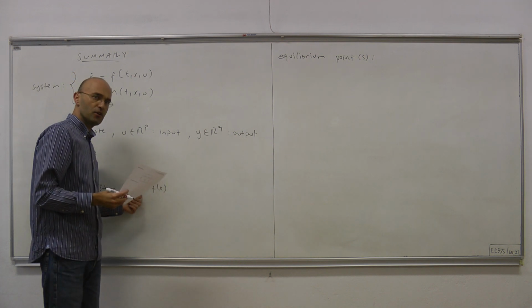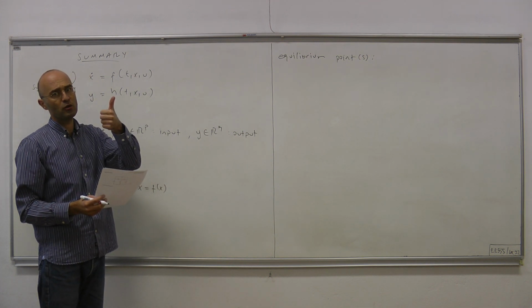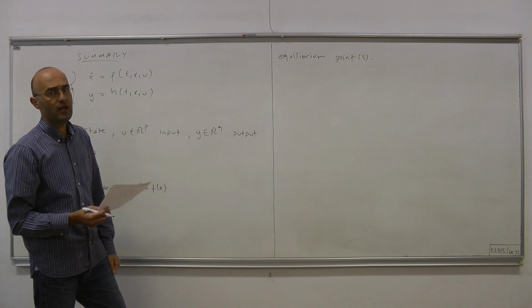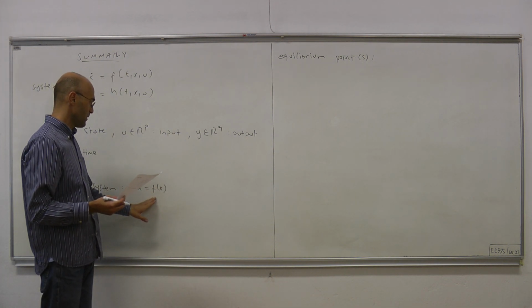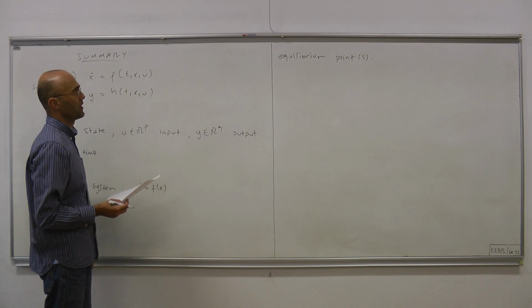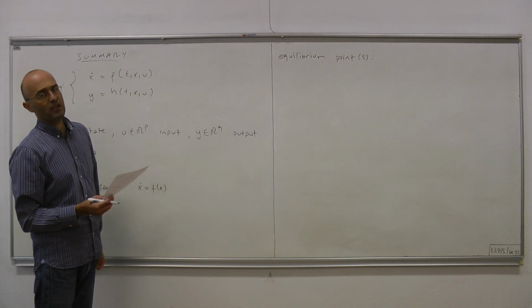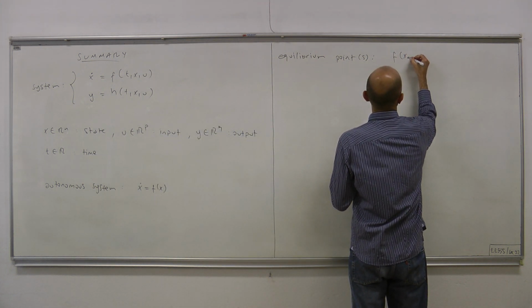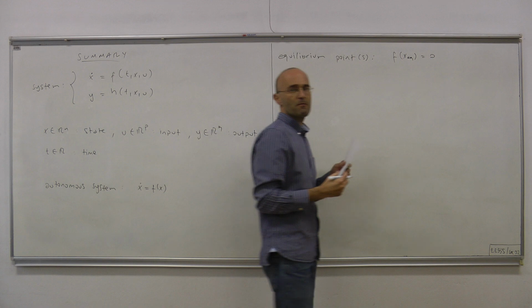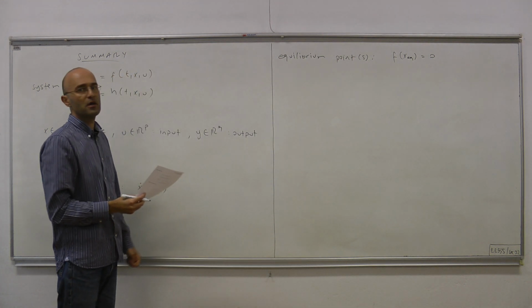Okay, an autonomous system may have just a single equilibrium point, may have more than one equilibrium point, it may have no equilibrium point. Okay, anything is possible with a nonlinear right-hand side. So the definition of an equilibrium point is such that f(xeq) satisfies this equation. Okay, f(xeq) equals 0.